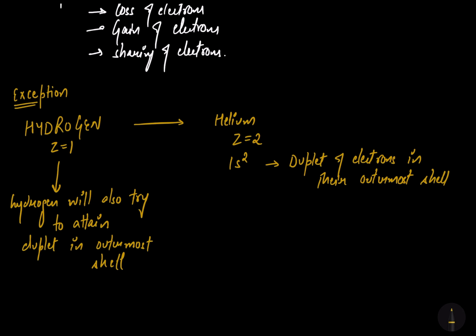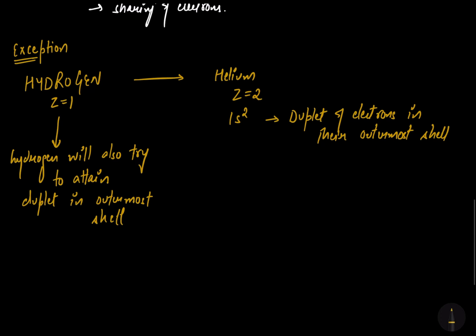That's why hydrogen will also try to attain only 2 electrons. Duplet stands for 2 electrons in the outermost shell, and it has attained the noble gas configuration of helium.